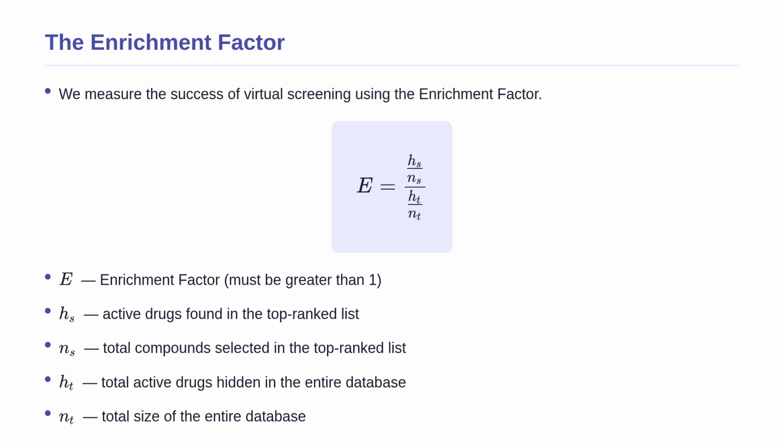H sub S is the number of active drugs found, divided by N sub S, the total compounds the computer selected. The denominator is the random background success rate. H sub T is the total active drugs hidden in the database, divided by N sub T, the total database size. If E is greater than 1, our screening is successful.